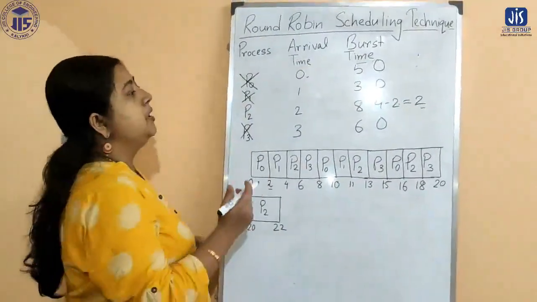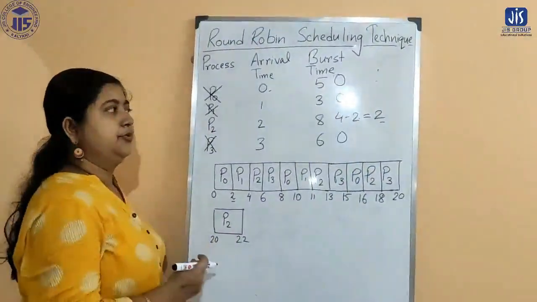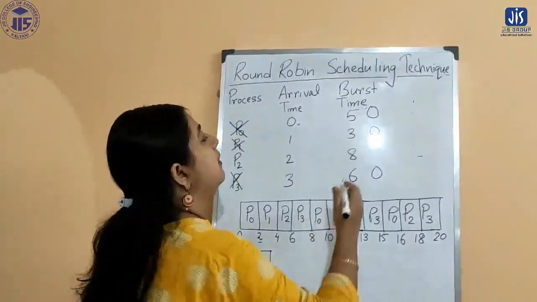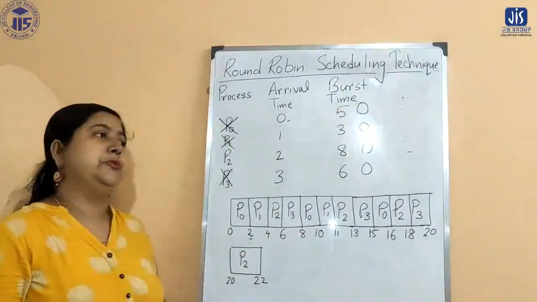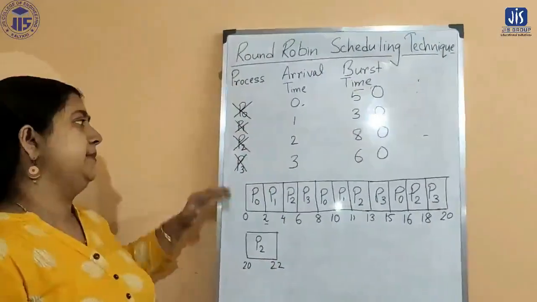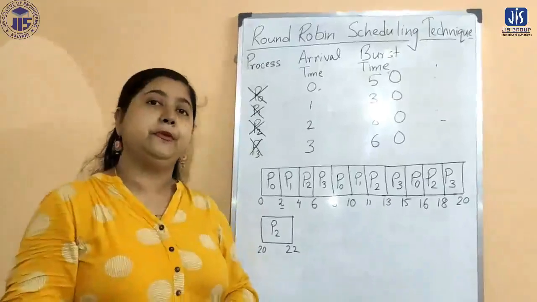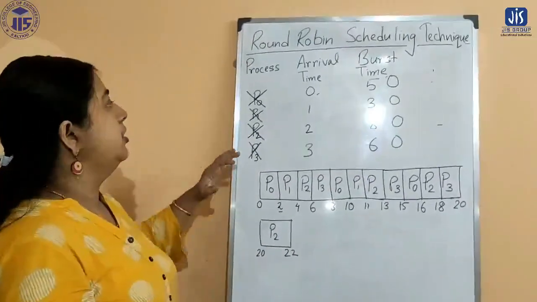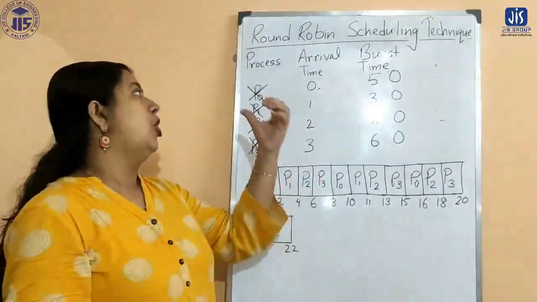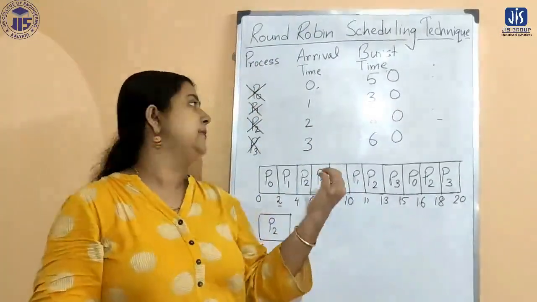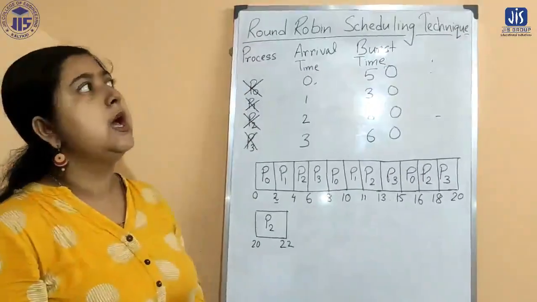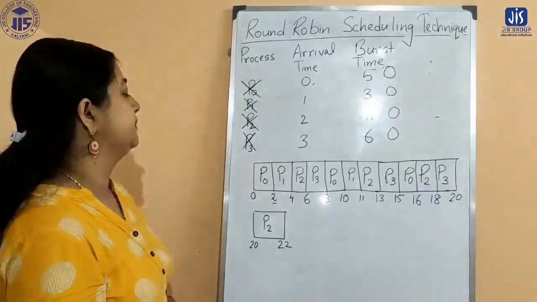Now P2's remaining time was 2, so obviously P2 is completed now. Its remaining time is now 0. So P2 has completed and P3 was already completed in the previous round. So from this picture it is very clear that all the processes are done with their execution. All the processes have completed.